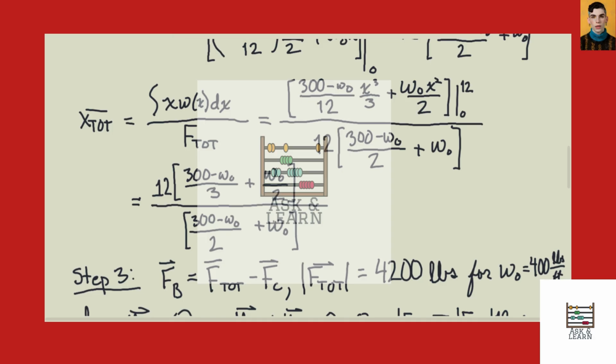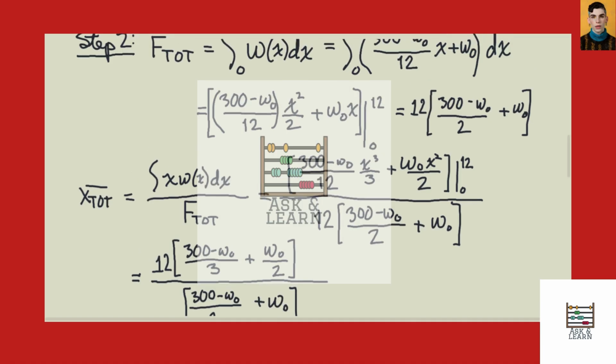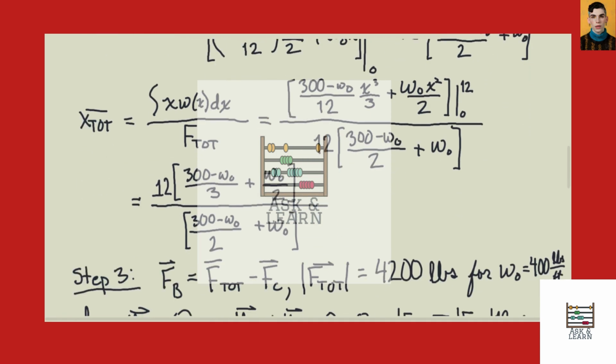I'm sorry, I went too fast there. That numerator, the integration of the product of x times w of x dx, is over our total load, which we just calculated or worked out in the step above.